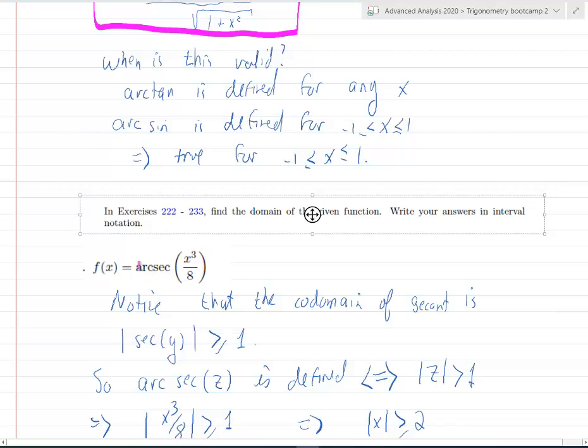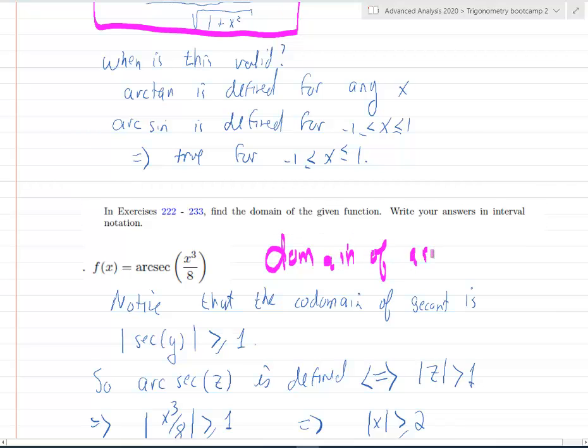What I need is the domain of arcsecant. If I get the domain of arcsecant, then I can get the domain of this function. Now, notice that the secant must have absolute value bigger than or equal to 1. So that means that the domain of arcsecant must be the same.